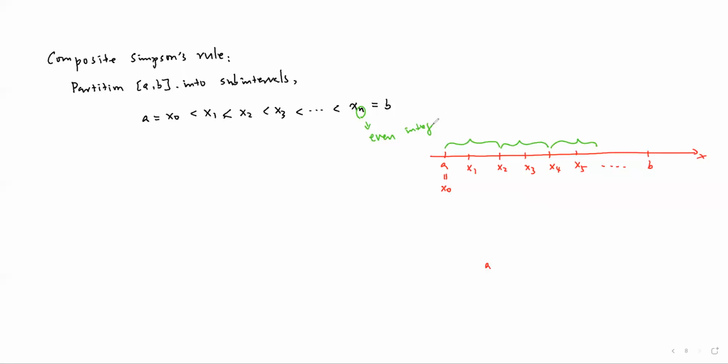Okay, even integer. All right, now after I cut the interval AB into subintervals, I can write the integral. Then the integral from A to B can be split into a sum of integrals. The first integral, x0 to x2.